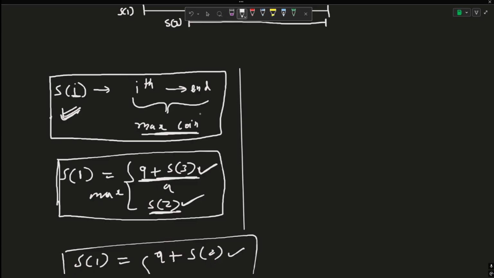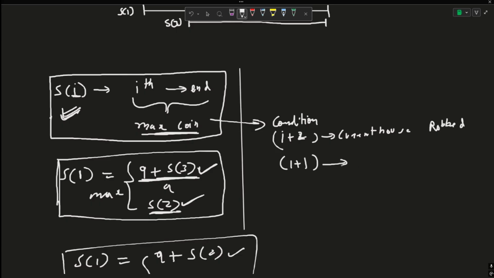So now this state is completely valid. The condition is, we are passing I plus 2 if the current house is robbed, and I plus 1 if the current house is not robbed.